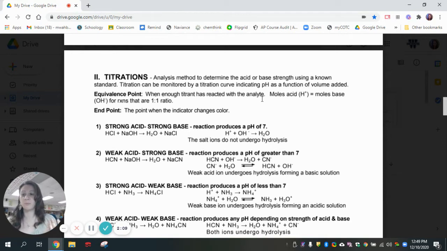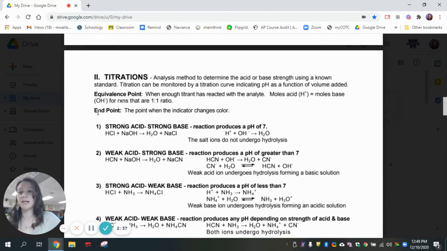Now, for the purposes of this year, when we're doing acid-base reactions, most or all of our titration calculations are going to be a 1-to-1 ratio of acid to base. And so your moles of acid are going to equal your moles of base at the equivalence point because they're a 1-to-1 ratio. So you want to stop your titration when you've reached your equivalence point, when you've added enough acid and base to react together completely.